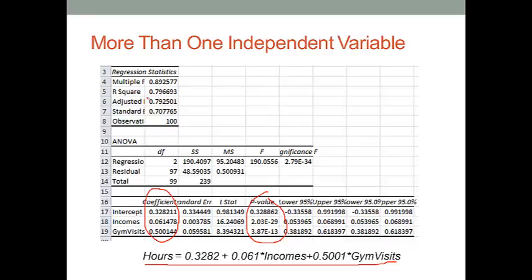And then you add the second factor into your model. You find out that the R squared value increases to 79. So if income explains 64%, and income and gym visits explain 79%, are you saying gym visits only explain about 15%? Yes, it's 15%.